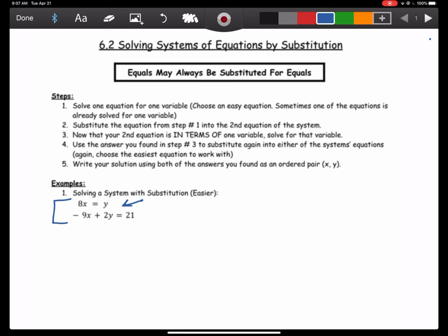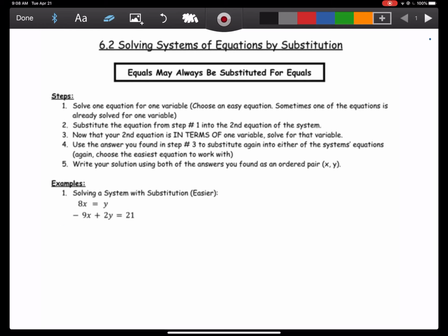Maybe easy is the wrong word, but it's got less parts to it. So in example 1, 8x equals y is much less involved than the second equation, which is negative 9x plus 2y equals 21.